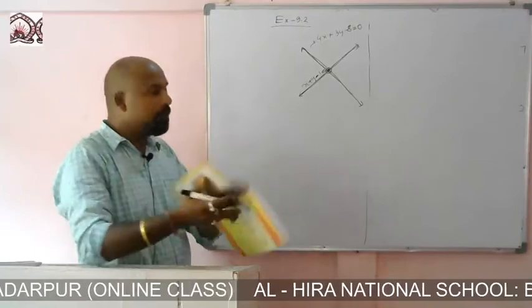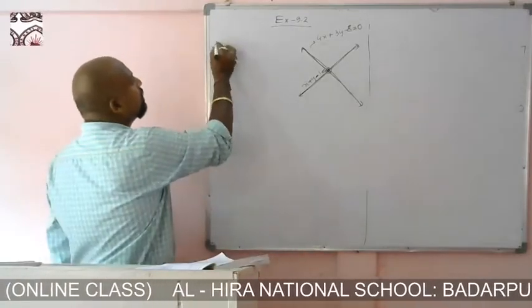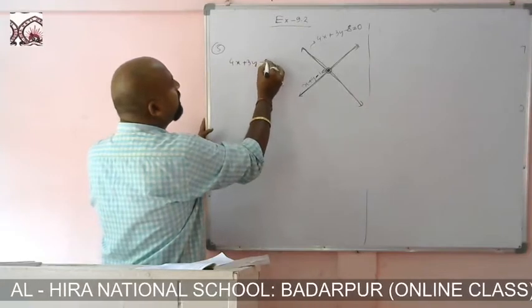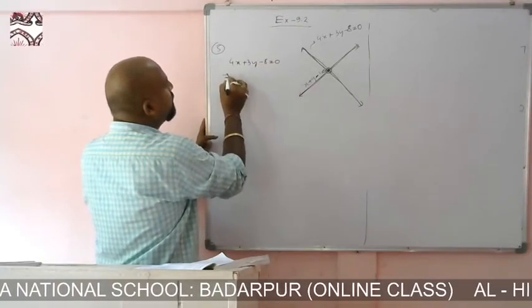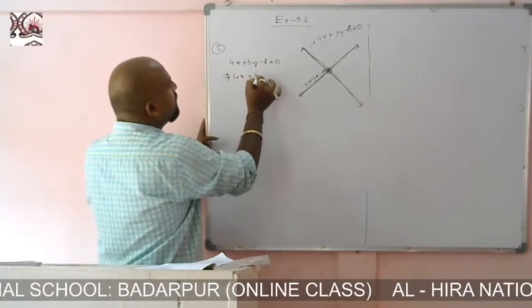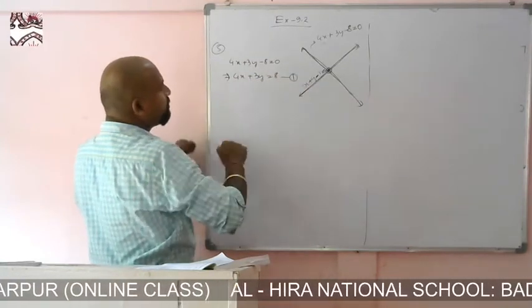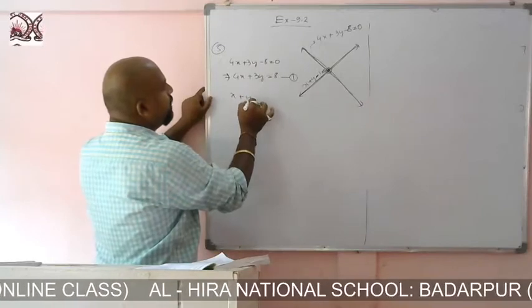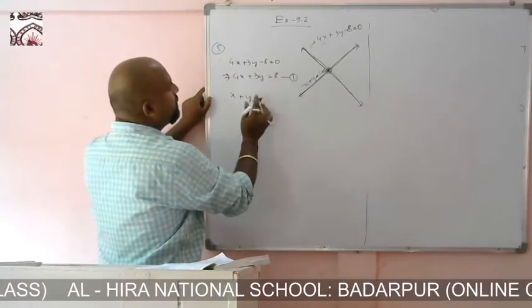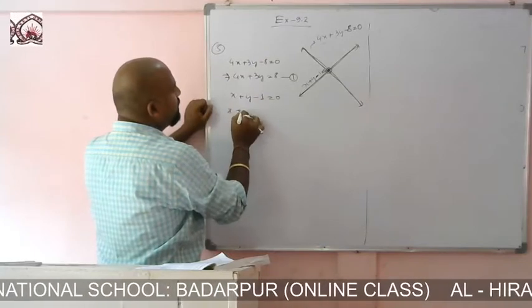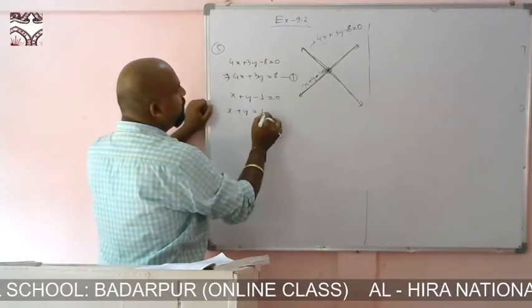Now 4x plus 3y minus 8 equal to 0, so implies you can write 4x plus 3y equal to 8. This is equation 1. Now x plus y minus 1 equal to 0 implies x plus y equal to 1. This is equation 2.